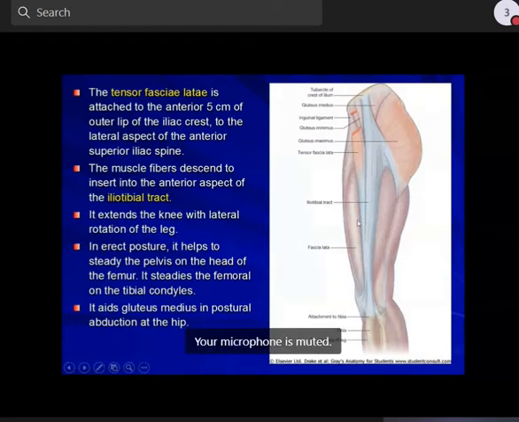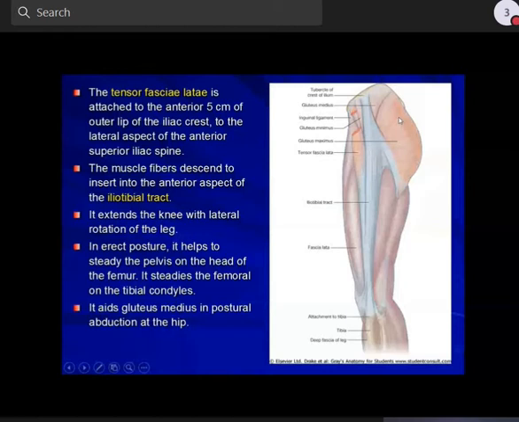We can say that the iliotibial tract has 3 heads. The anterior head is tensor fasciae latae. The middle head is gluteus medius, and the strongest posterior head is provided by the gluteus maximus.